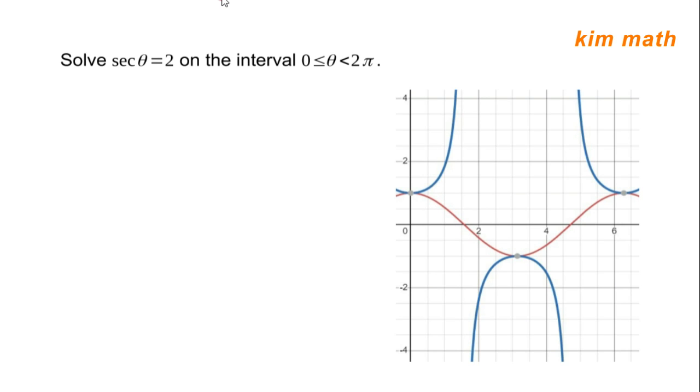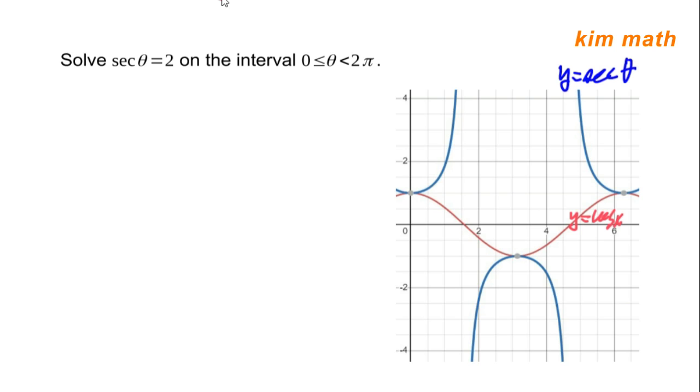Again, this is the cosine x. And this is the secant x, right? I will use theta. The question asks us which value of theta makes secant theta equal 2.